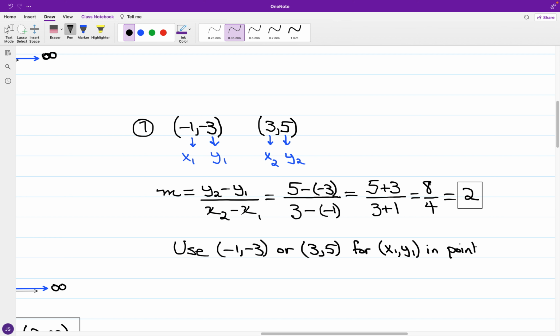So I can choose either of these ordered pairs to set things up. But again, I'm still looking at the slope-intercept equation.